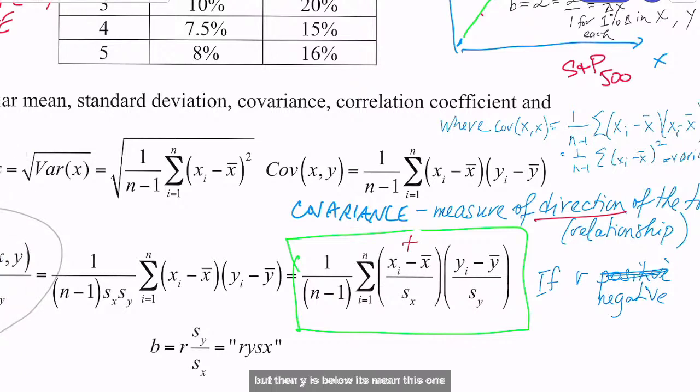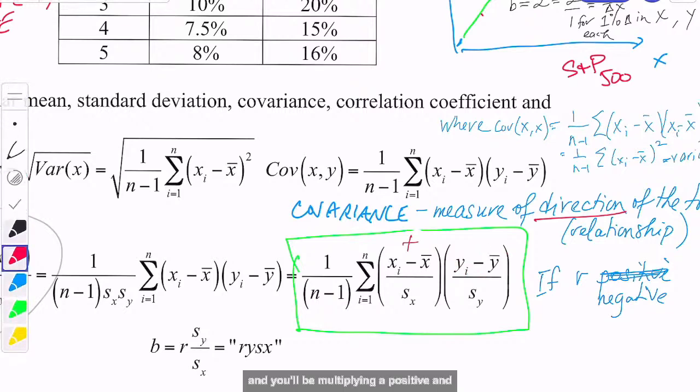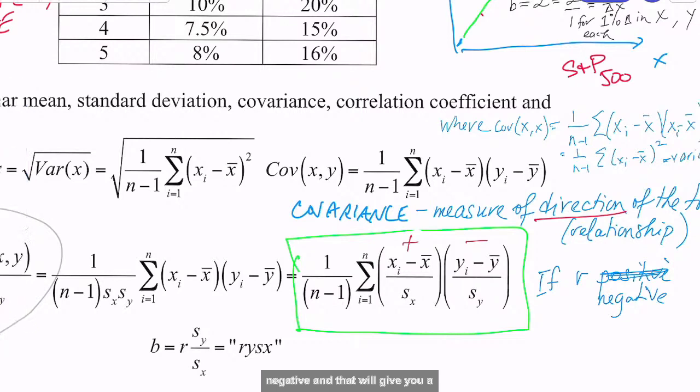But then Y is below its mean, this one will be negative, because this will be smaller than this to be below. And you'll be multiplying a positive and negative, and that will give you a negative. And if that happens also in the reverse, that will add to the negatives. Okay, so this is a way of illustrating the relationship. If you didn't follow that, please review the video. But basically, these are all the same formula, and they're used for different illustrative purposes.